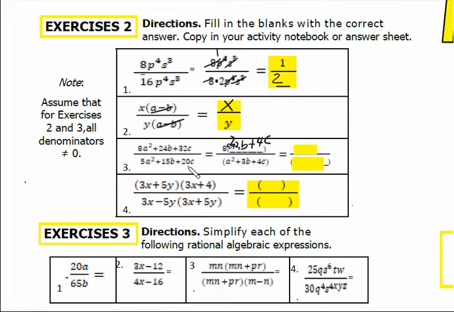This is a squared. Then the common factor 5 here times the quantity a squared plus 3b plus 4c, and this expression equals this one. So the answer is 8 over 5.